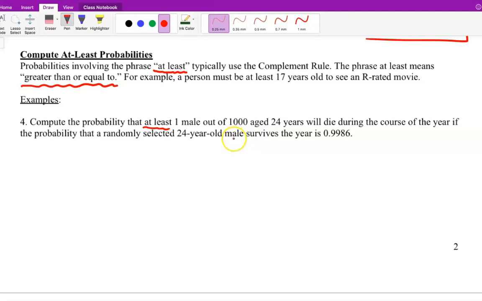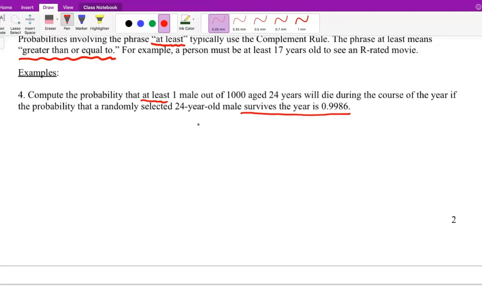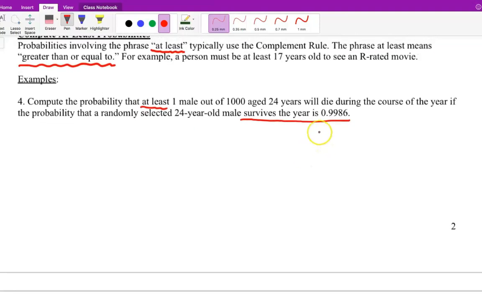So here the probability of survive is that one, and it's asking to find the probability of at least one dying. Since it's randomly selected, we have independent events.